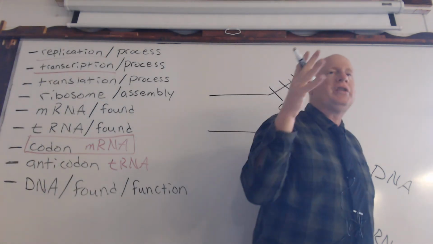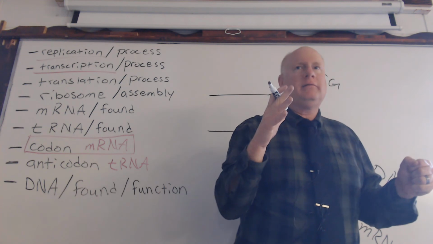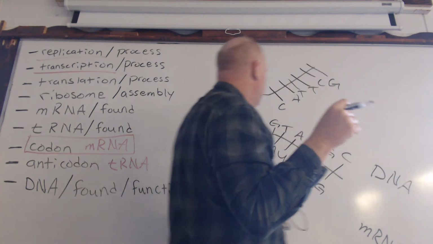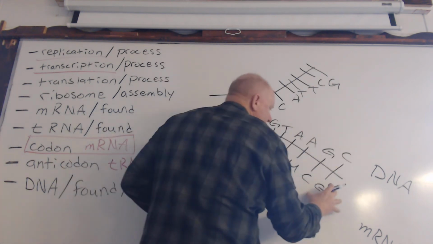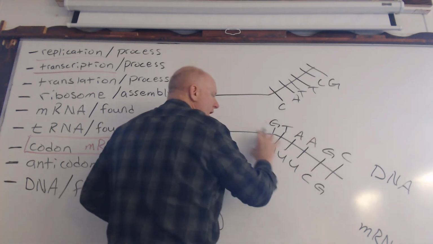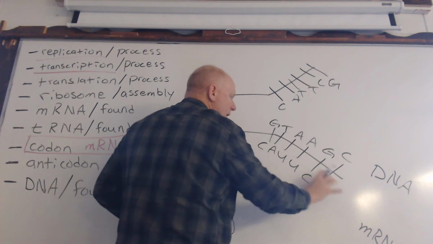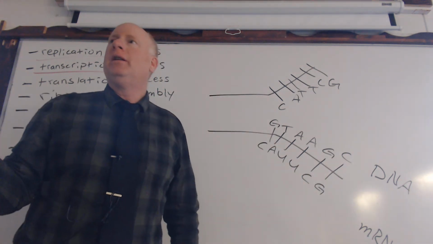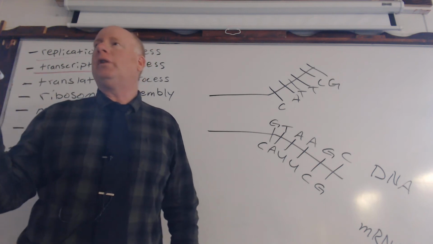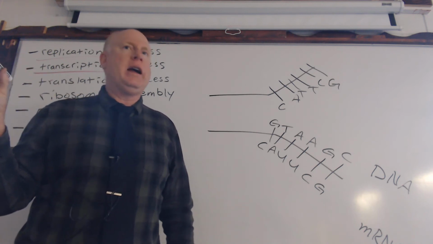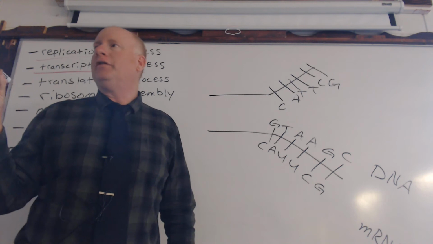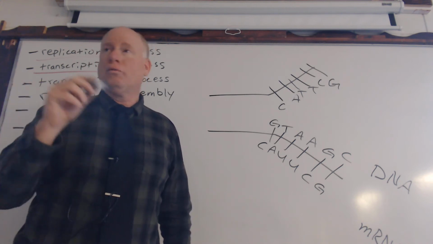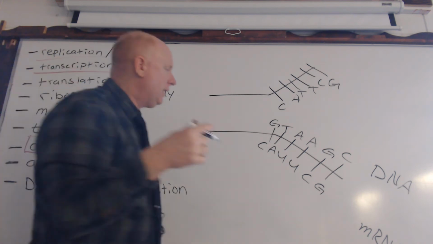Is there any questions about replication? None. Okay? So now, once this messenger RNA has read the directions, because those directions have to get out to the ribosome, because can DNA leave the nucleus? No, it cannot. Is RNA found in the nucleus? Yes, because it has to read, we just said it has to read the DNA.